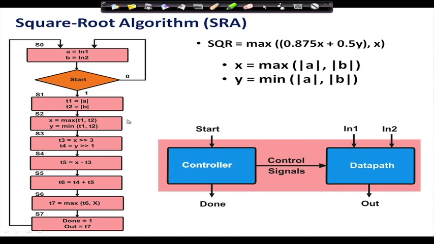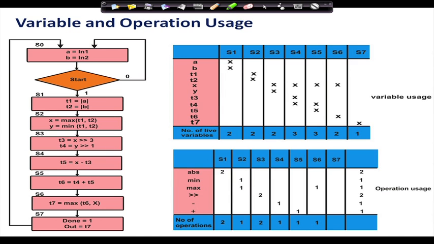When we were doing the profiling, we came to this. Now, what I would like to mention is that I am making a matrix, and in the matrix you can see that these are all the variables. I put a cross on the particular element depending on the liveness of the variables.